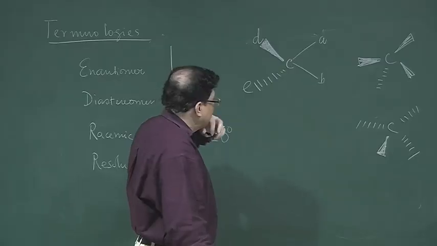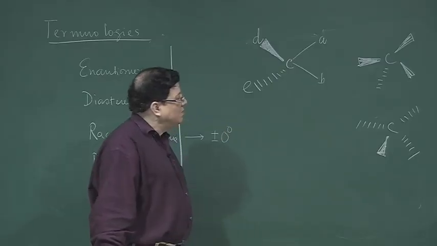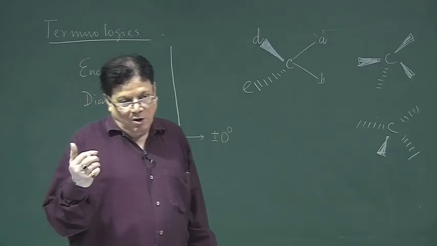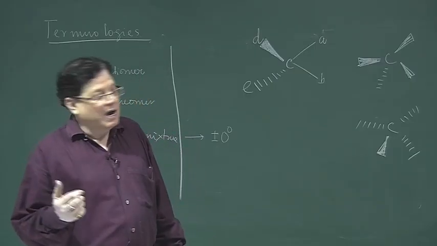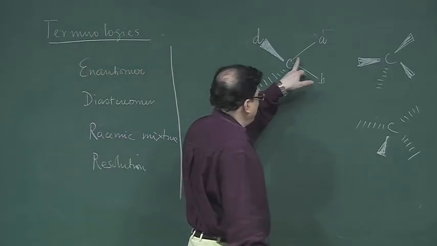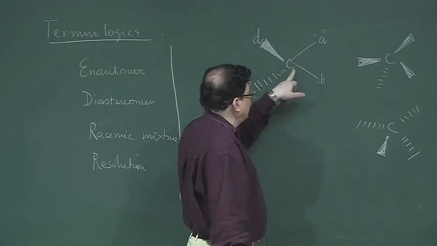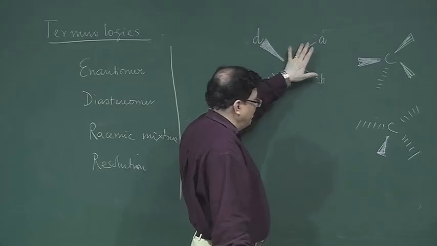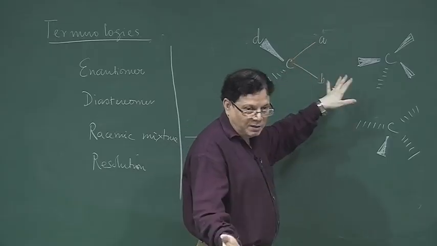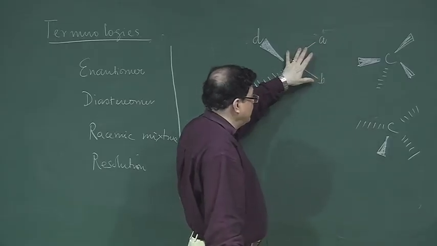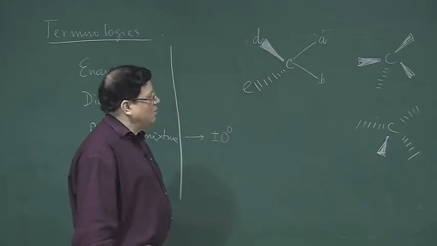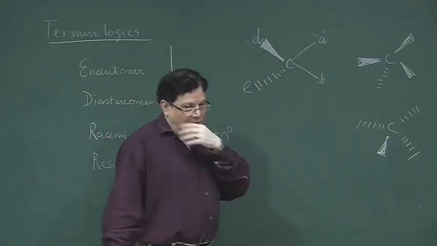This is what is called the Wedge formula, the Wedge representation of 3-dimensional molecules. Remember, if you have only the single normal line, that means these bonds are lying in the plane of the board. If you are drawing it on paper, they lie in the plane of the paper. This is above the plane of the board, this is below the plane of the board. So, these are flying wedges.